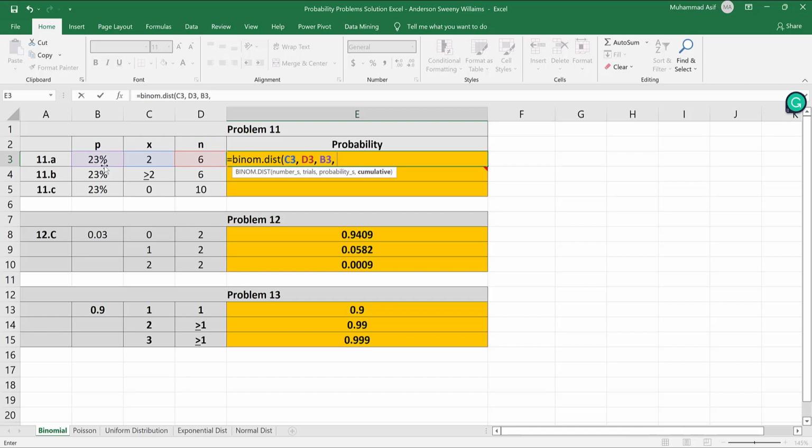So in this case, we are interested specifically in two outcomes only, which means it's false. If we are interested in less than two, including 0 and 1 and 2, then in that case we will write cumulative true. But since in this case we are interested only in two outcomes, therefore we will write false.